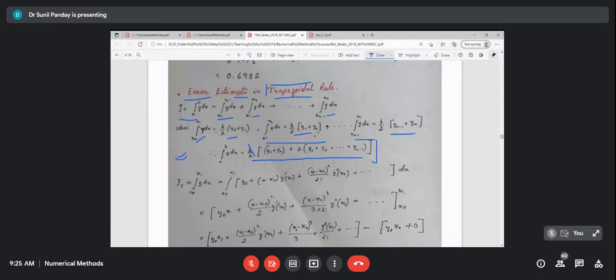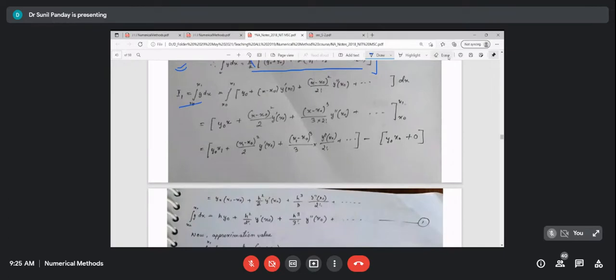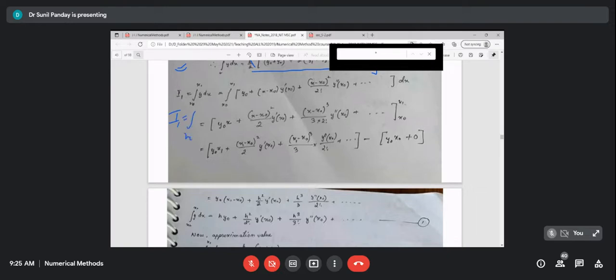So here, if you see this, this is our I1, the integral from x naught to x1 of y dx.